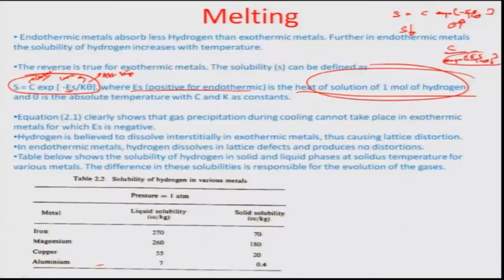However, if this Es were negative, which is the case of the exothermic materials, the problem starts happening, okay, because now because of the negative Es value, the decrease in the temperature may actually result in an increase in the solubility. Okay.